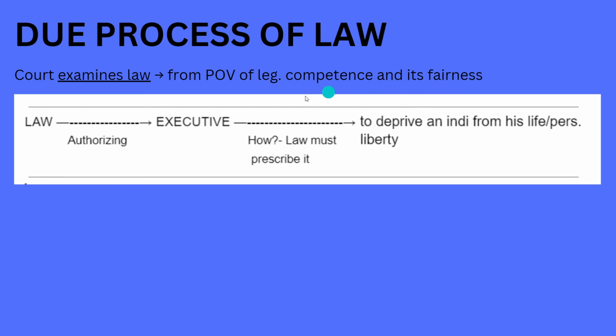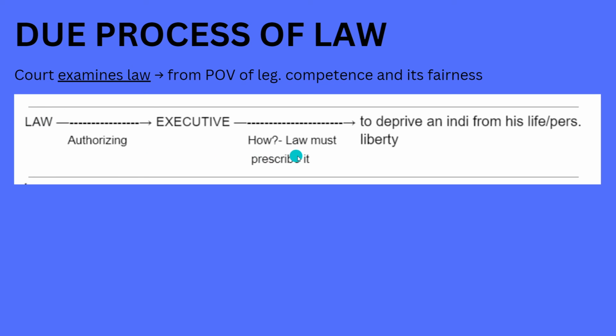So what will the law do here? It will first authorize the executive to deprive an individual of his life or personal liberty, and the law will prescribe how. Now, what will the court check here? The court will check whether the law is made under legislative competence.